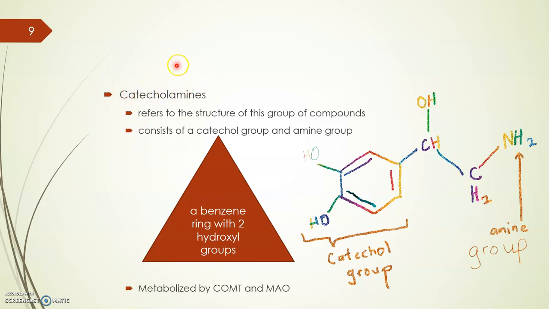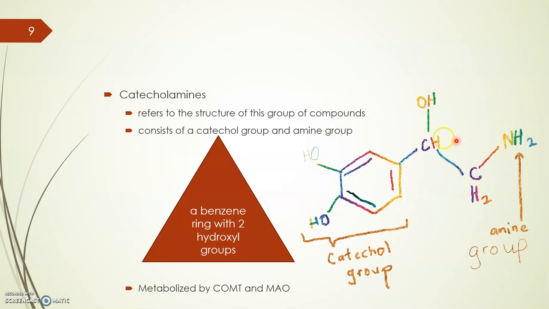And then catecholamines. So it refers to the structure of this group of compounds. Okay, so it consists of a catechol group, which is a combination of the benzene ring and two hydroxyl groups. Okay, benzene ring and two hydroxyl groups. So this is called a catechol group.